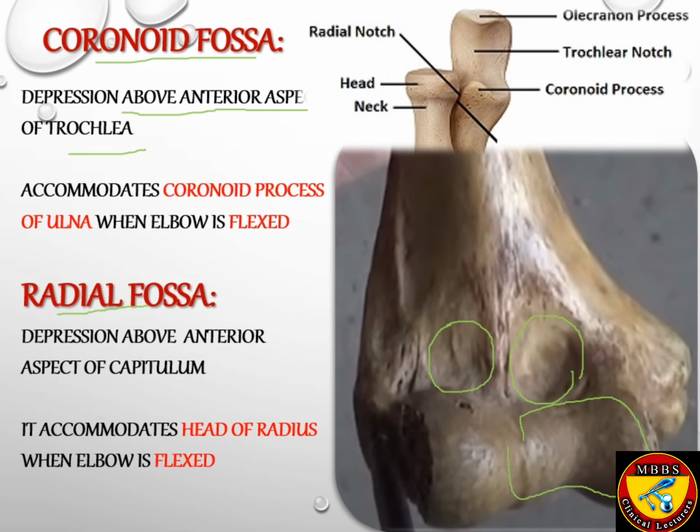Above the trochlea on the anterior surface of the lower end, there is a depression that is called the coronoid fossa. It accommodates the coronoid process of the ulna when the elbow is flexed.